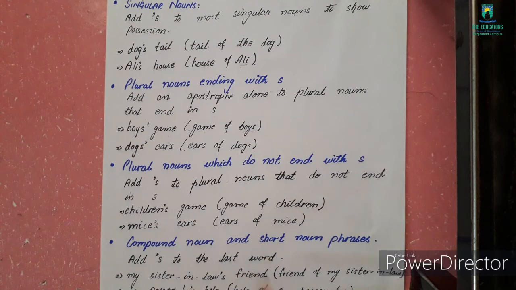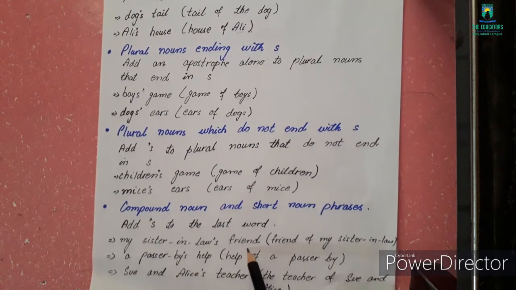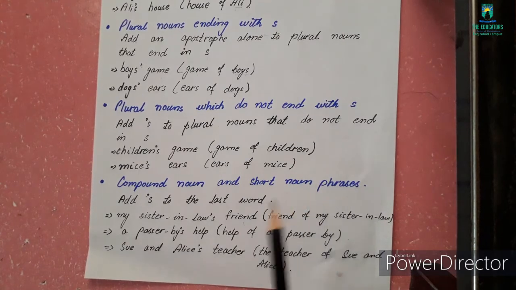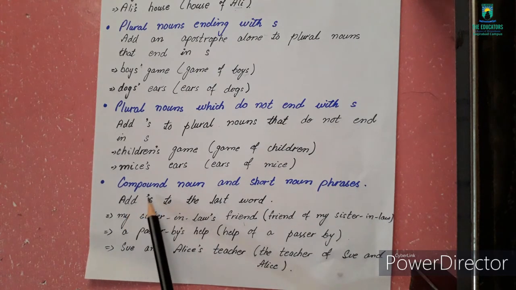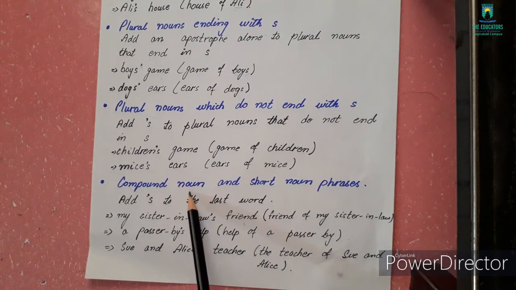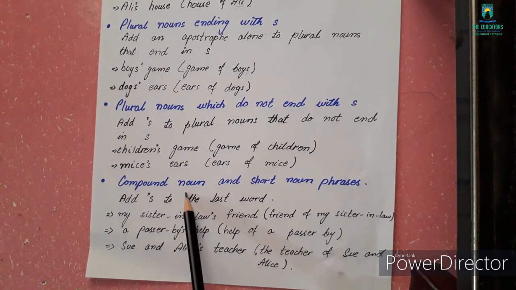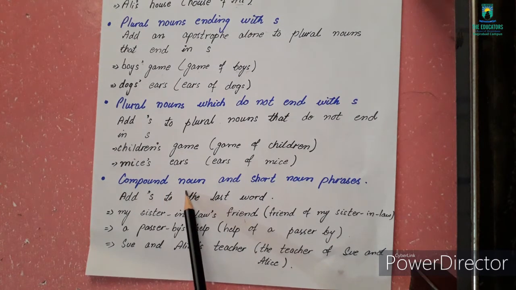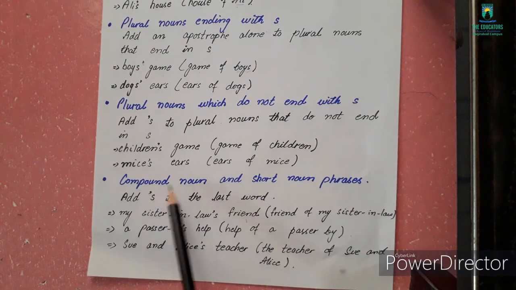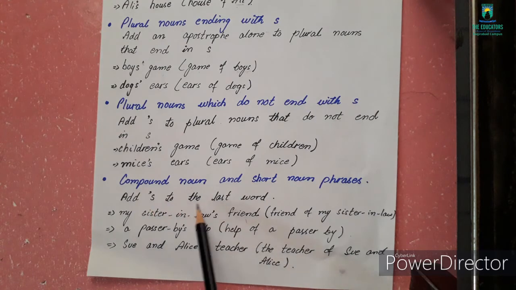Now the fourth rule is for compound nouns and short noun phrases. What is the rule? You know what a compound noun is? We have done it in our previous classes in singular plurals: a compound noun is made up of two or more words, and some of them are joined with a hyphen. So add apostrophe s to the last word.